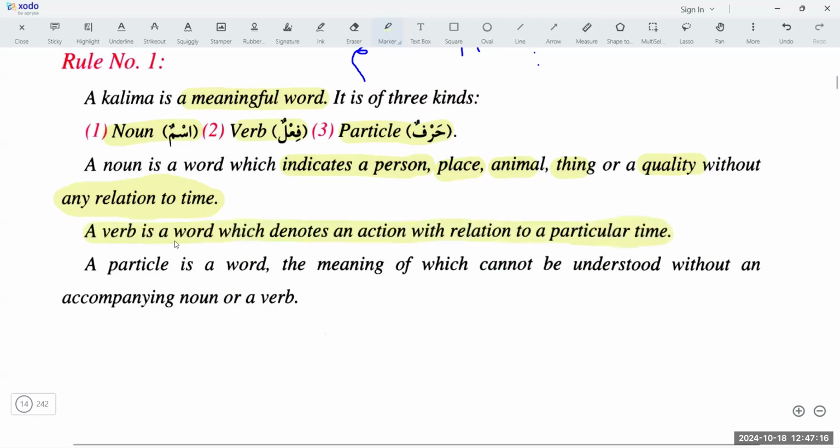A verb is a word which denotes an action with relation to a particular time. If there is no time, it is not a verb.